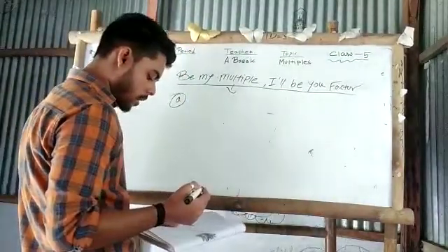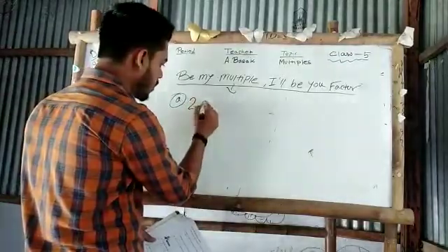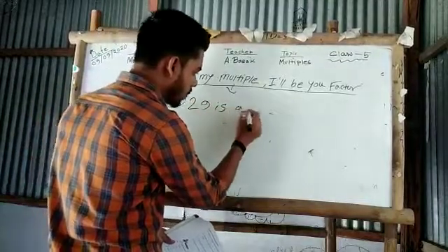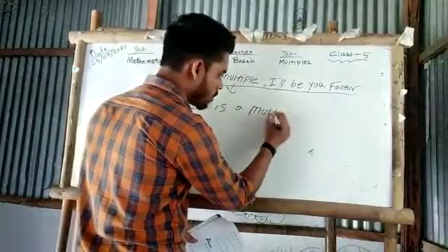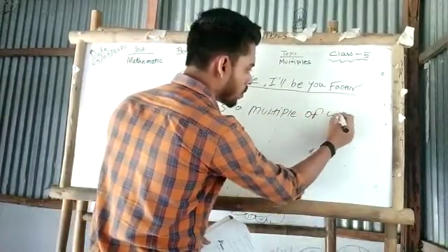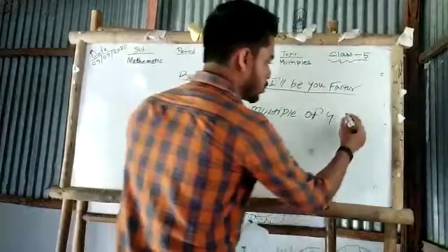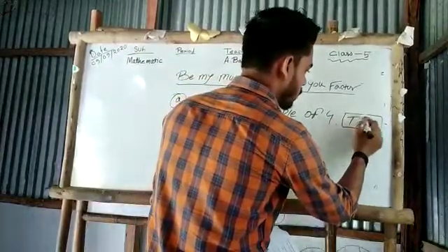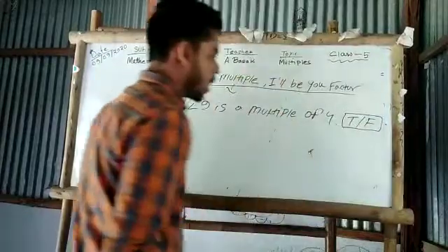So the first question in true or false: 29 is a multiple of 4. We need to determine whether this is true or false. How to determine it?